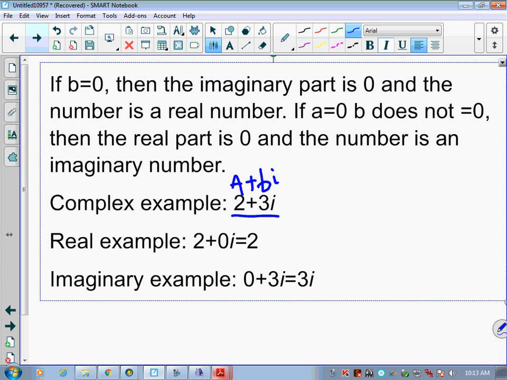Because that imaginary part is times 0, it cancels out. So I'm left with just 2. I have a real number. But if my real number is 0, and I have something that's not 0 for the imaginary part, then I'm left with only the imaginary. Okay, so I just get an imaginary number.